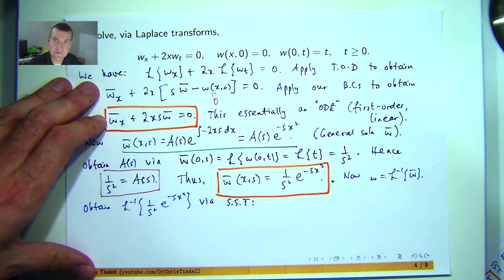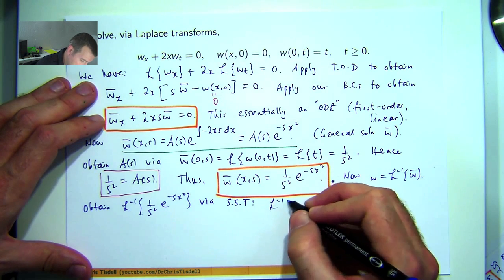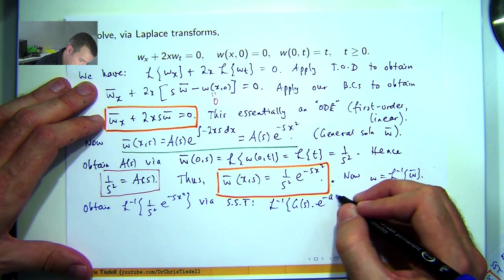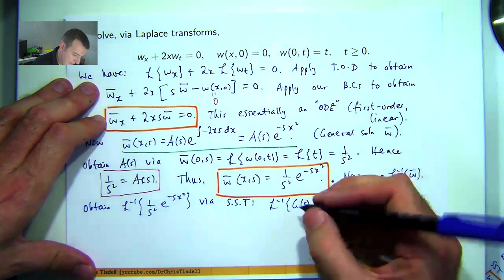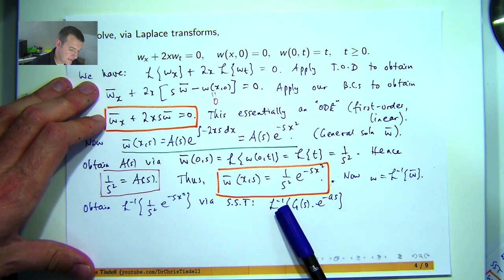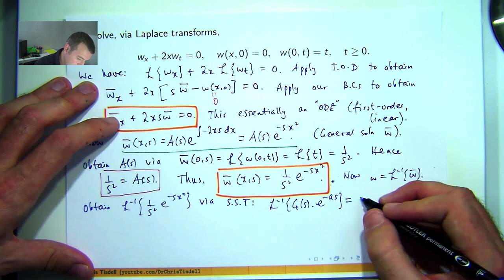Okay, what is the second shifting theorem? It's the following. If I have a function of s times an exponential, where a is a constant, and I want to take the inverse transform, it's the following.